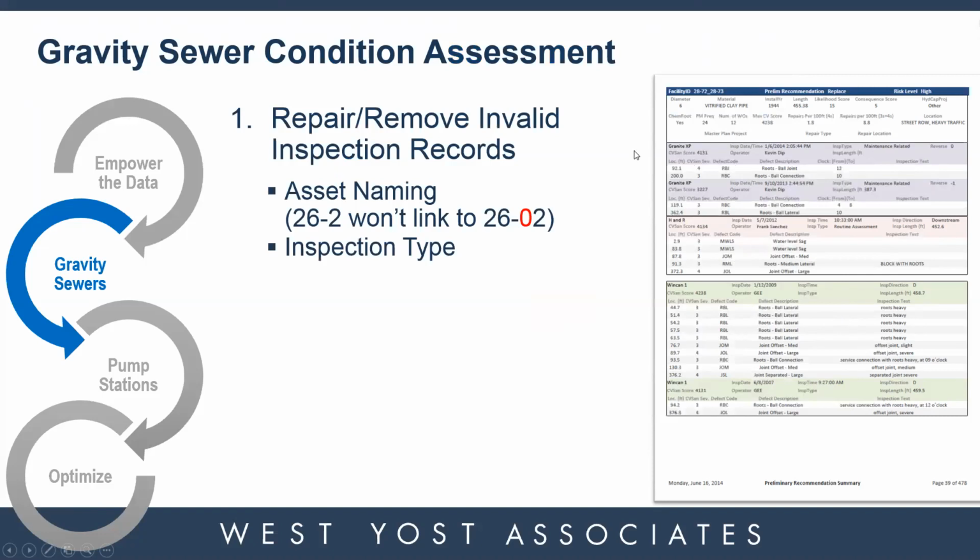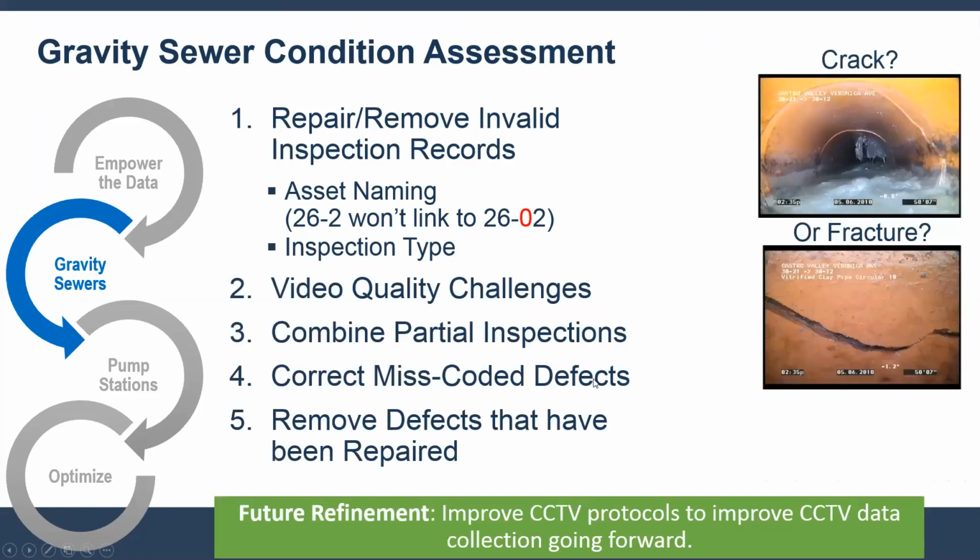You're doing a lot of cleanup of assets, linking pipe IDs that don't match, dealing with video quality challenges, and combining partial inspections. So if you've inspected the pipe from the downstream end and the upstream end, you make sure those are combined into one inspection, and you correct miscoded defects, that kind of thing.